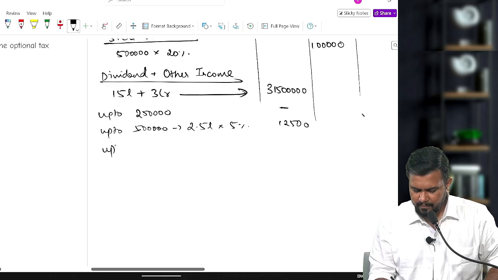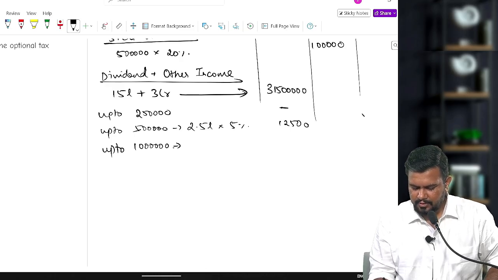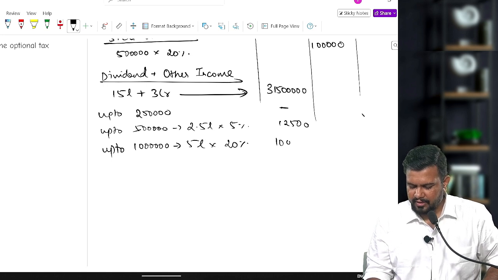Then up to 10 lakhs it is 5 lakhs multiplied by 20%, so 1 lakh.